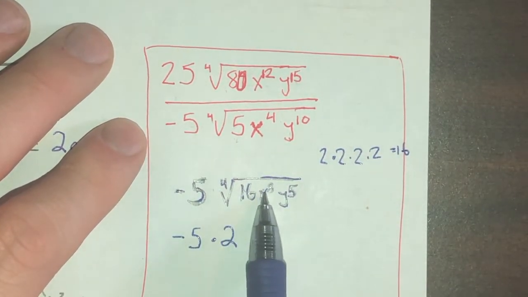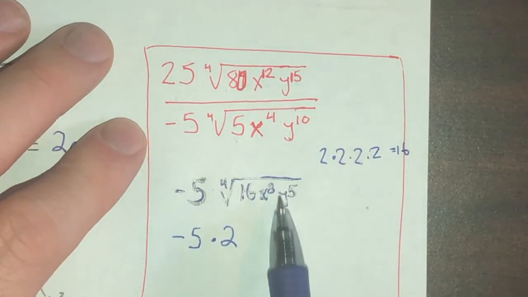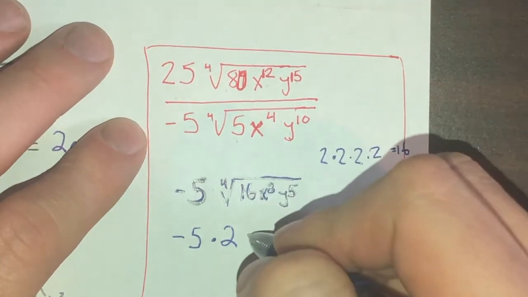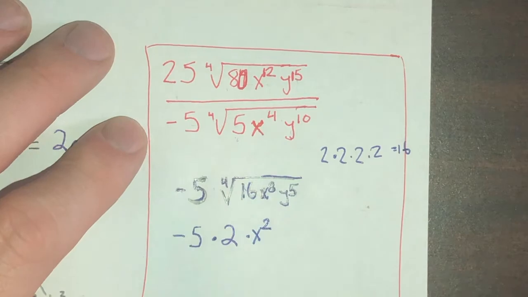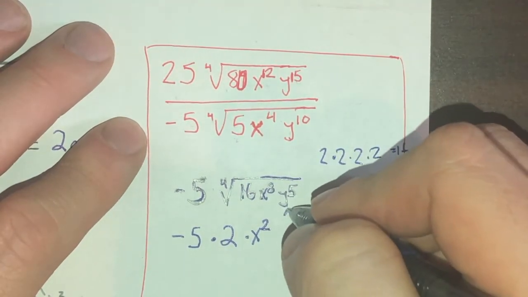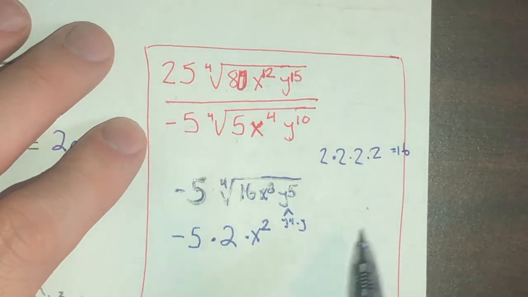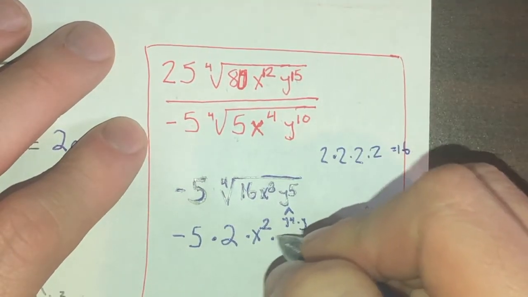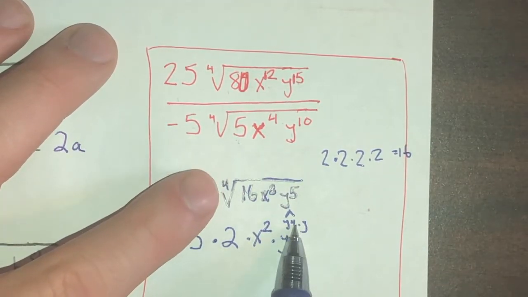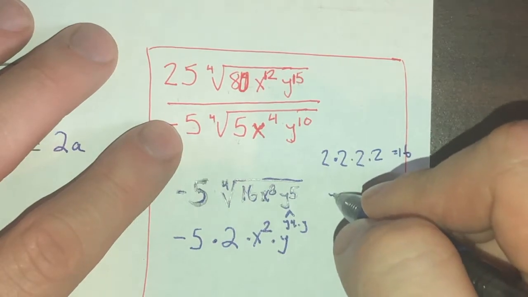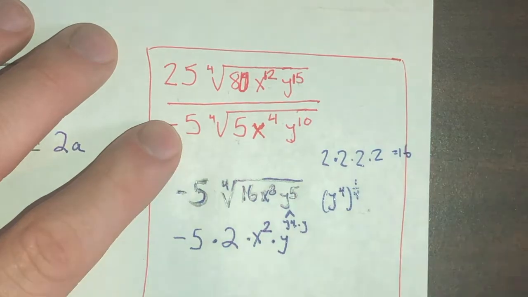Now, is x to the 8th? This is x to the 8th. Does x to the 8th have a perfect 4th root? It does. It's x squared. Does y to the 5th have a perfect 4th root? It does not, but notice I get y to the 4th times y, and y to the 4th has a perfect 4th root. So I pull out the perfect 4th root by multiplying the exponent times a quarter, because it's basically y to the 4th to the quarter, right?